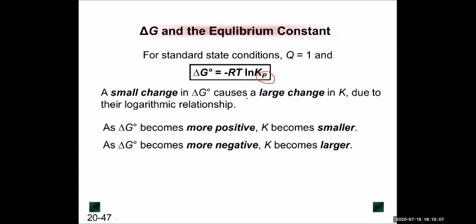But theoretically, the standard free energy change is related to the equilibrium constant Kp. And here's the equation: delta G naught equals negative RT ln Kp, where T is the Kelvin temperature and R is 8.314. This is the same constant, the same R as in the Arrhenius equation.